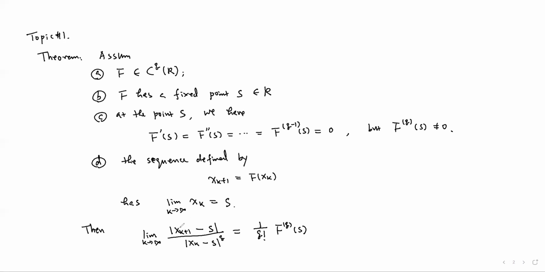Again, let E mean error. Let ek be xk minus s. We want to prove this limit. The numerator is ek plus 1, the denominator is ek, and the power is Q.